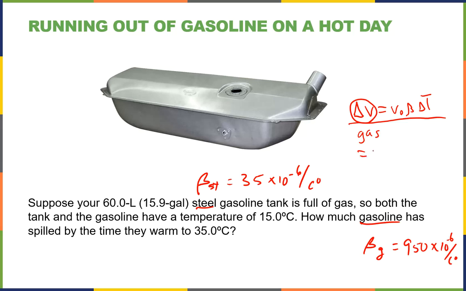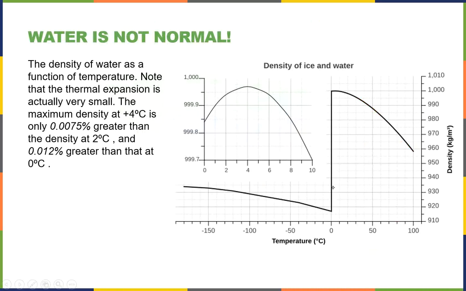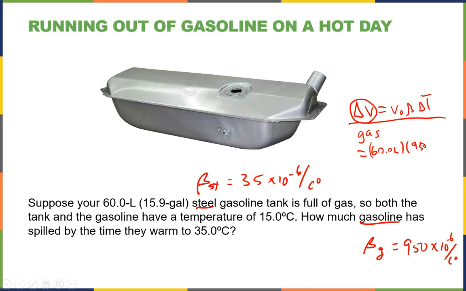So for gas, it equals the initial volume, 60 liters, times 950, and then the temperature change was 20 degrees. And that was about 1.14 liters.